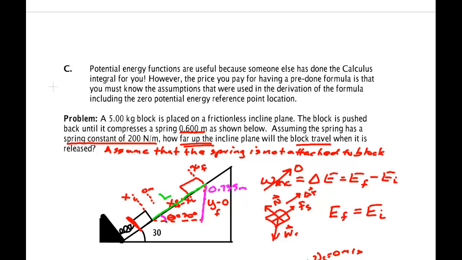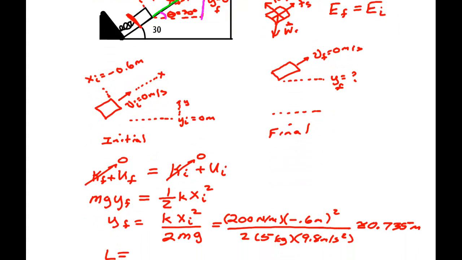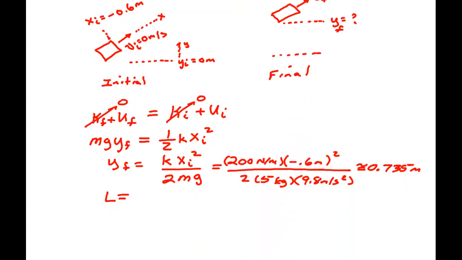And I know this angle is 30 degrees, so I can use trigonometry to find that. L is equal to y sub f over the sine of 30 degrees. Sine of 30 is a half, so that'd be 2 yf, which should be approximately 0.735 times 2, 1.47 meters.